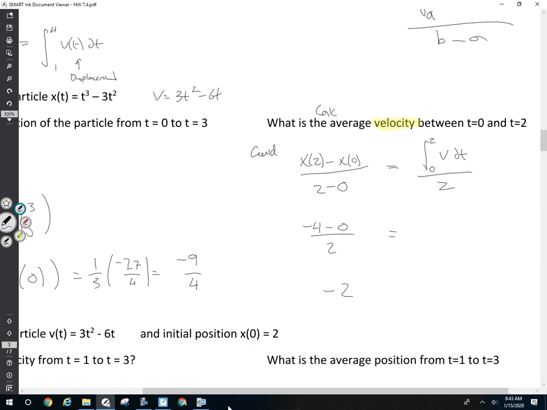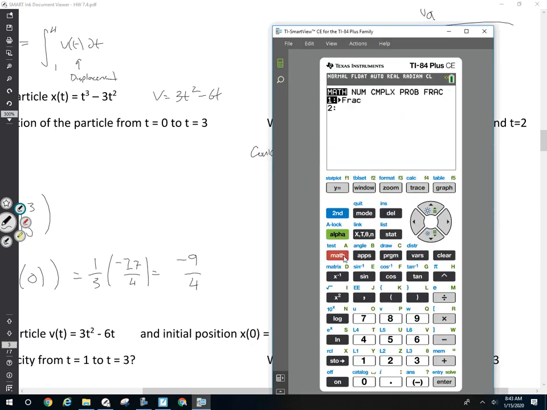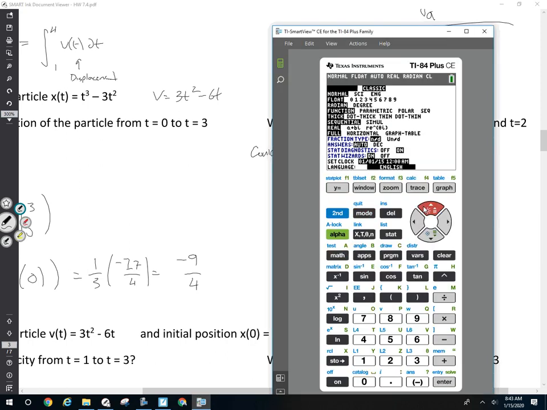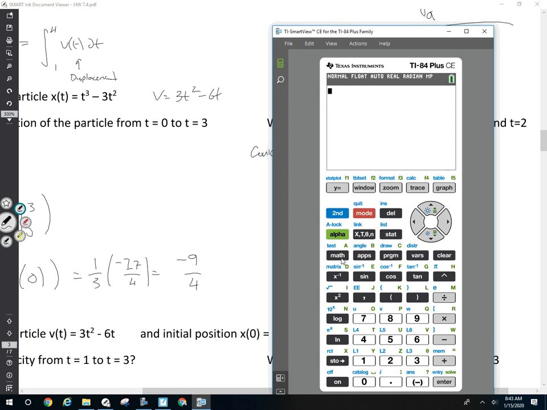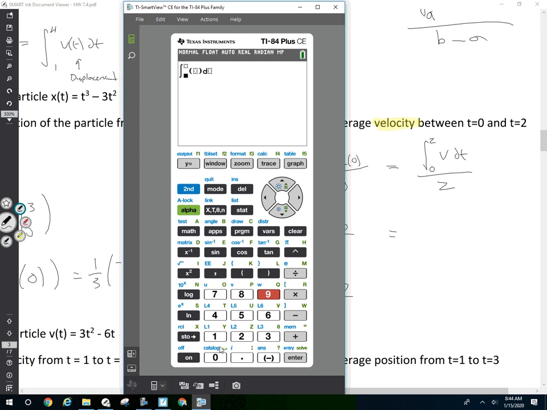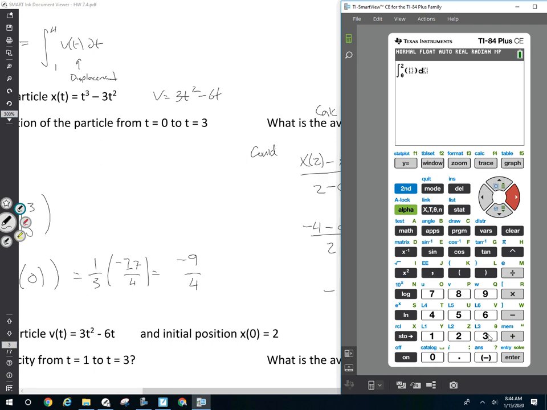And then over here, watch how I can do this. Let's go back to the nice looking mode. Integral from 0 to 2 of velocity, that's 3t squared minus 6t.